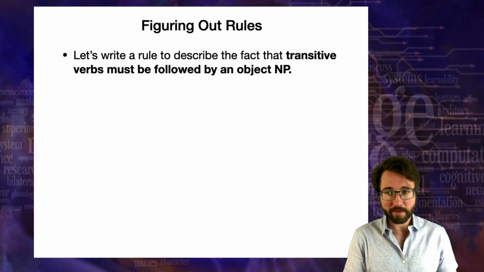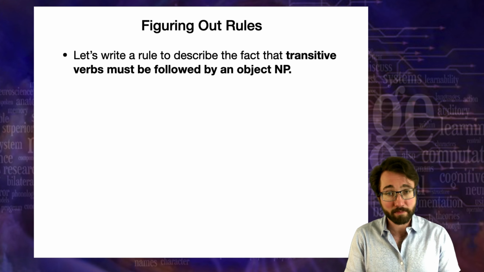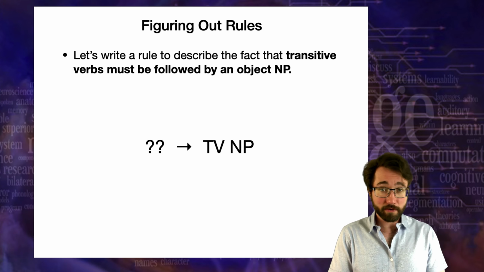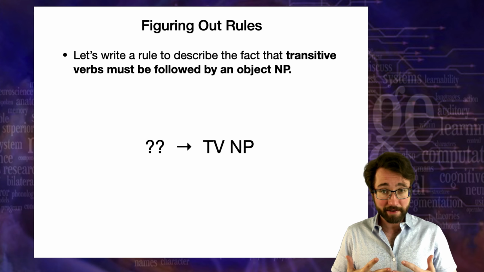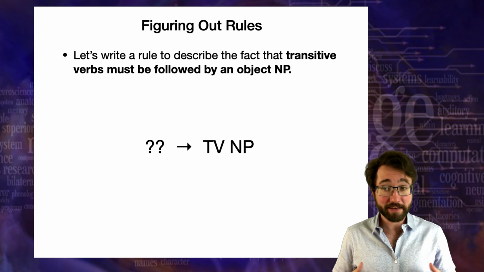Okay. So now let's write a rule that describes the fact that transitive verbs must be followed by an object NP. That's a co-occurrence constraint and a word order constraint. So we have that something must consist of a TV, transitive verb, followed by an NP. We're going to have to give a name to this syntactic category that consists of the TV followed by the NP.